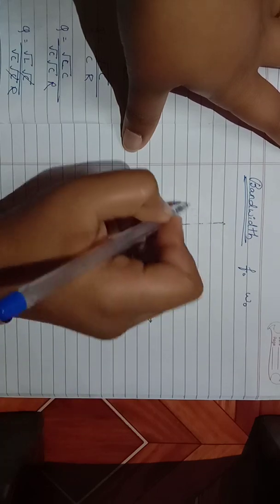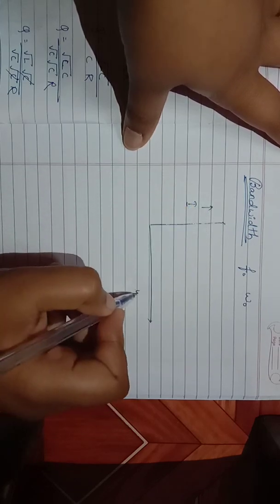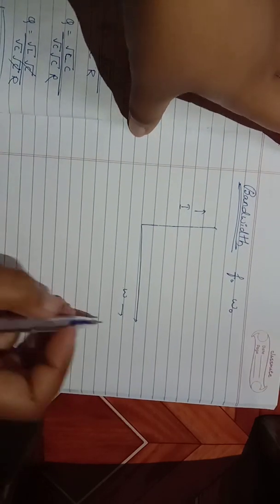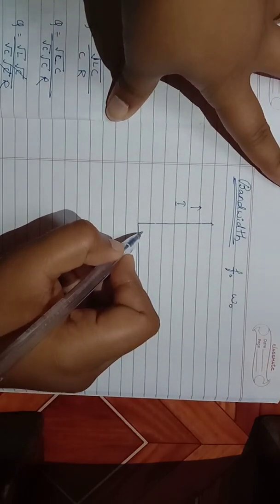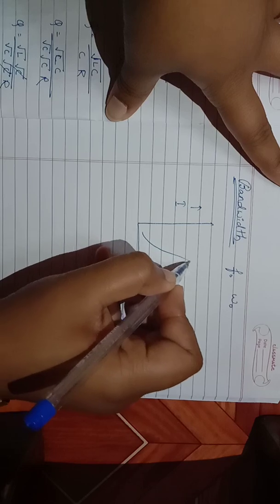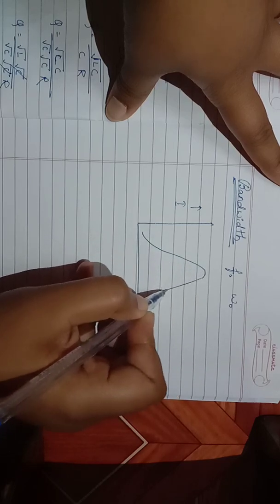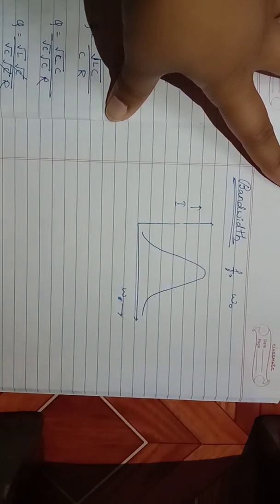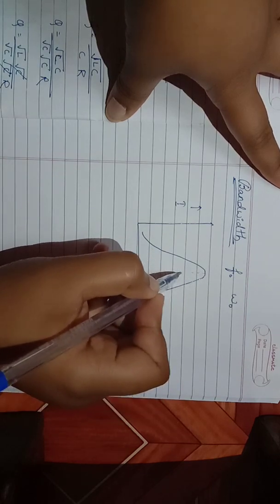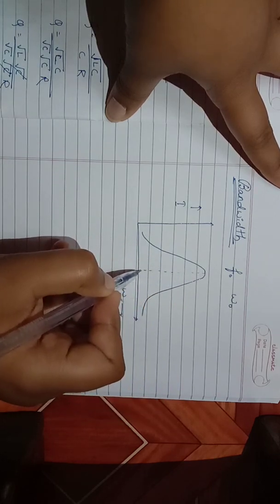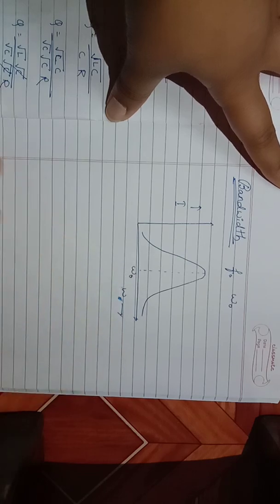Here I am showing the current and here we are showing omega naught. We will get a highly sharp curve at the angular frequency omega naught.